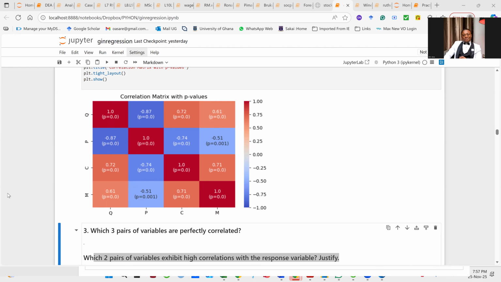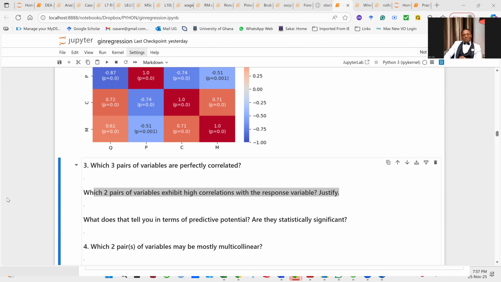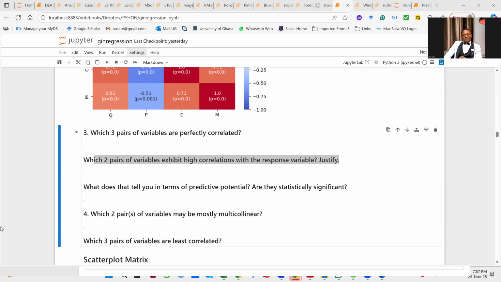Which variable would you say is the least correlated? Wait, the least correlated variable. If I look at the question, which pairs of variables are least correlated? I don't want you to give me all three pairs. I just want the first pair. You see, least correlated is not the same as least multicollinear.